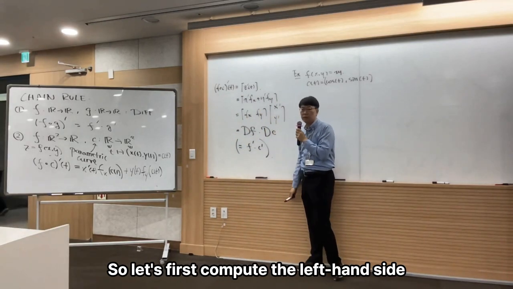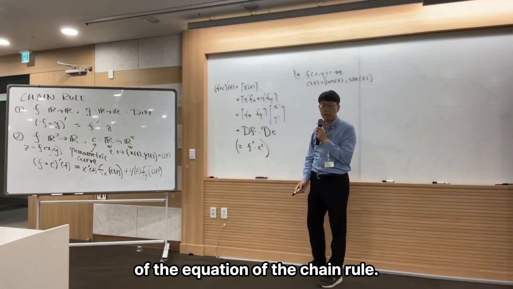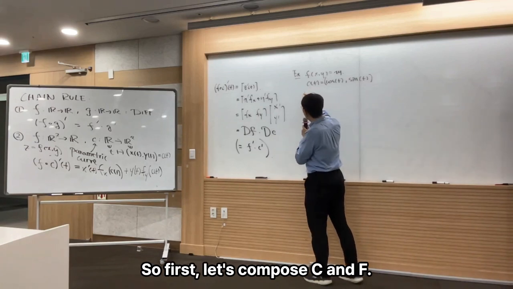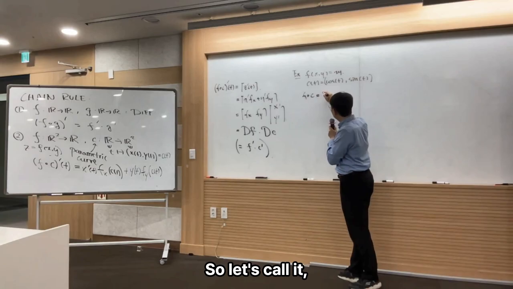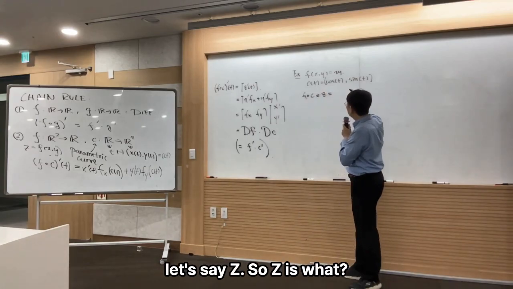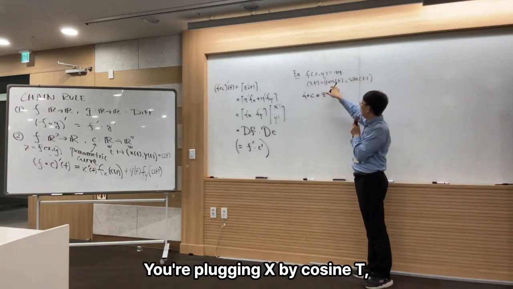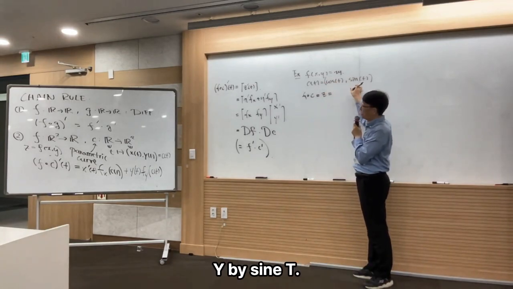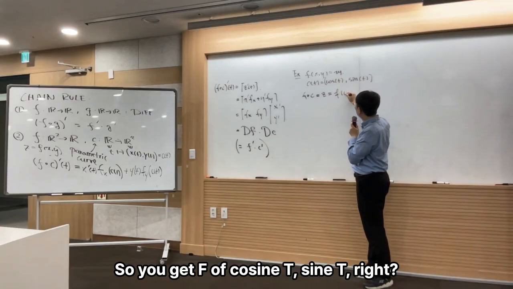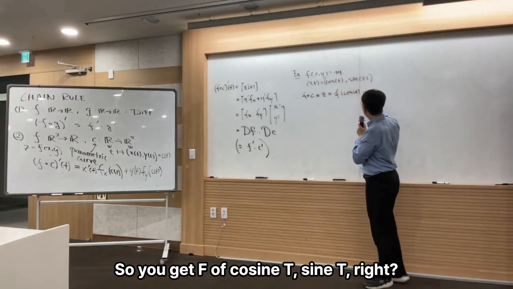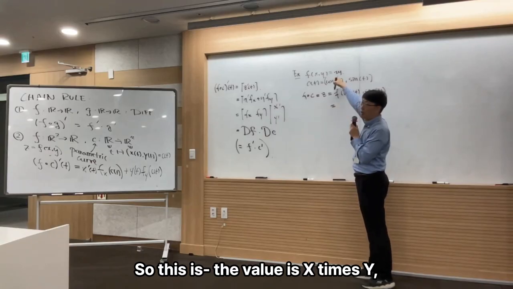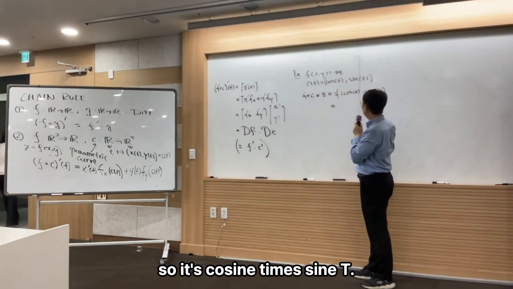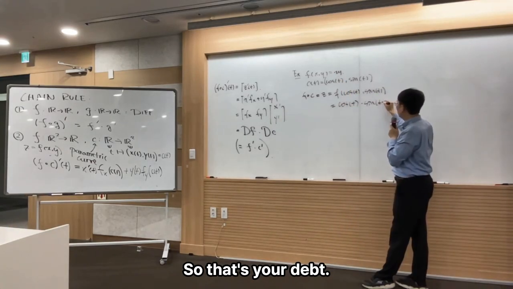So let's first compute the left-hand side of the equation of the chain rule. First, let's compose c and f. Let's call it z. So z is what? You're plugging x by cosine t, y by sine t. So you get f(cosine t, sine t), right? The value is x times y, so cosine t times sine t. So that's your z.